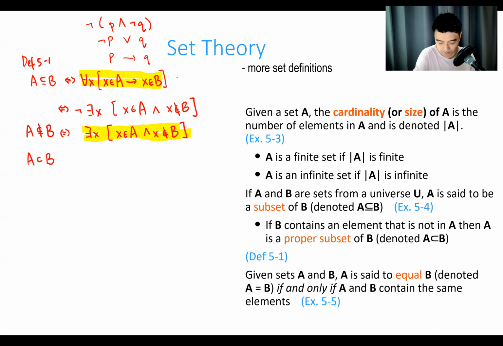So I'm going to take number 1. Okay, number 1 is part of the definition. Remember I said if A is a proper subset of B, it must qualify to be a subset first, right? So 1 must be true.